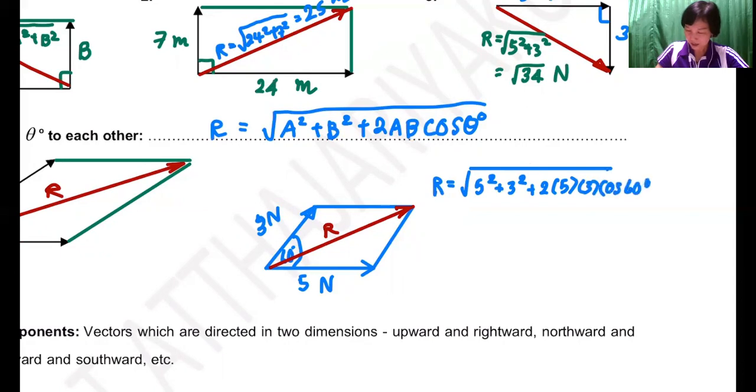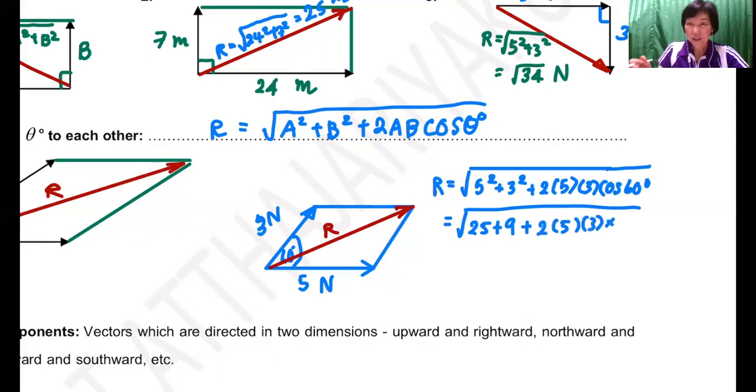You know that the first term is 25, the second term 3 squared is 9, plus 2 times 5 times 3 and cos 60.